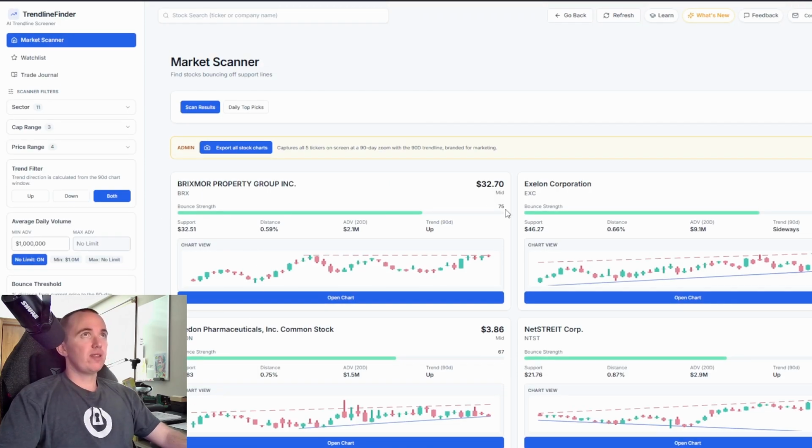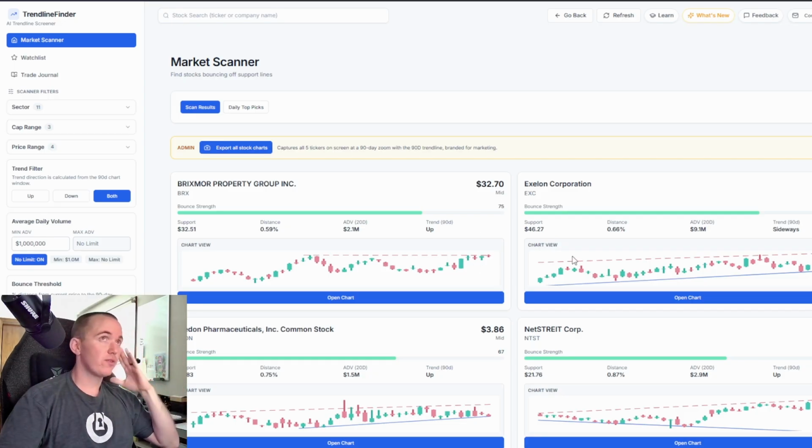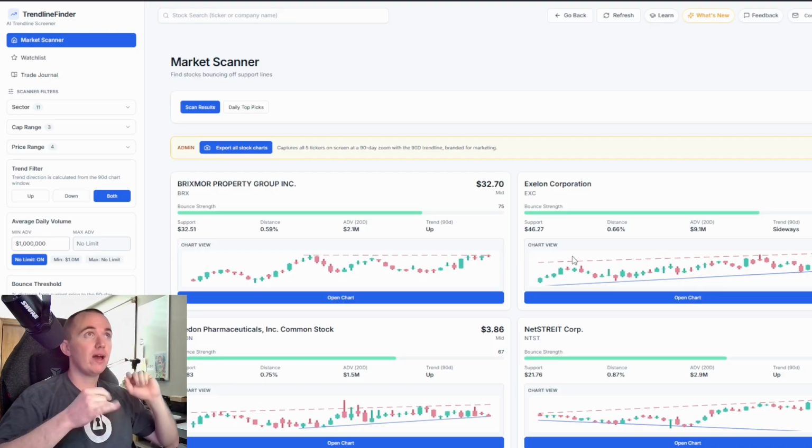The bounce strength here is a number that is calculated based off of a ton of different things. I honestly don't remember them off the top of my head. It was a lot of back and forth trying to figure out the best things. But it takes into account how close it is to a 90-day trend line and a 30-day trend line, how close earnings dates are and things of that nature.